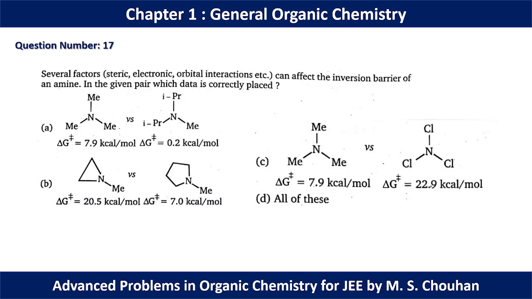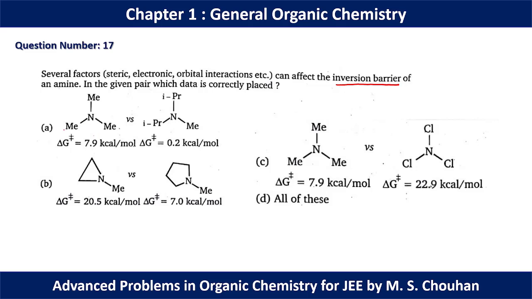In question number 17, we have to find several factors, steric, electronic, orbital interaction, for this answer. We can say that if larger groups are present in the same plane, amine inversion becomes difficult, and amine inversion is not possible because of the inversion barrier value.